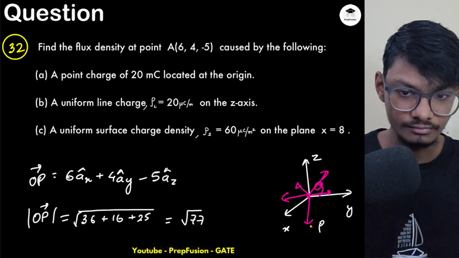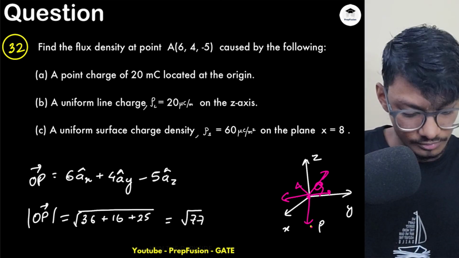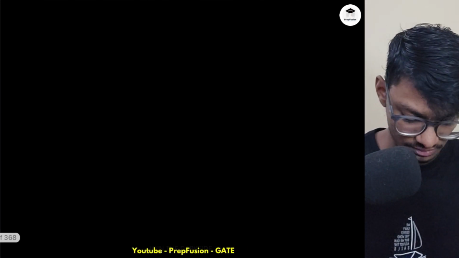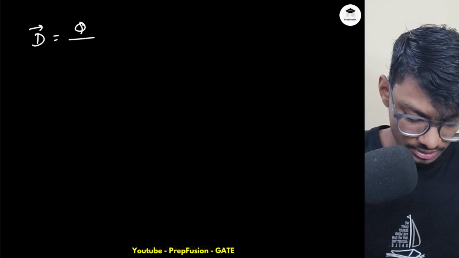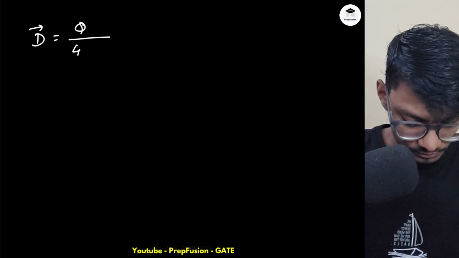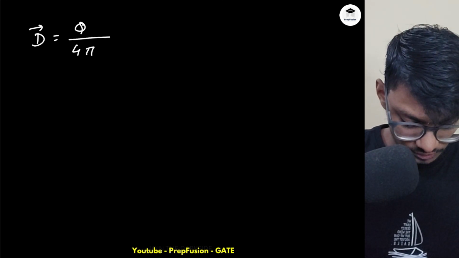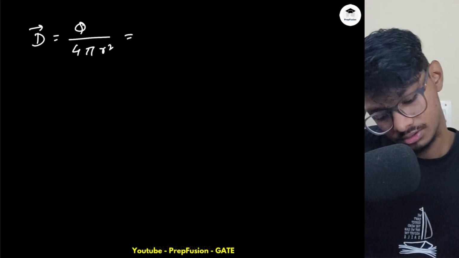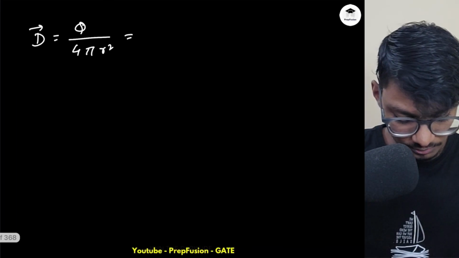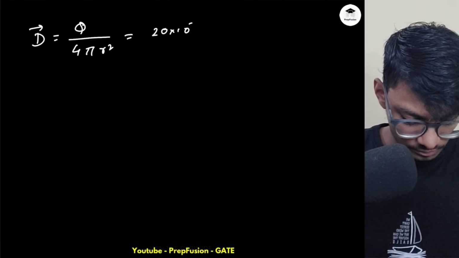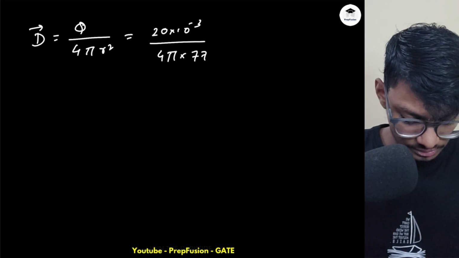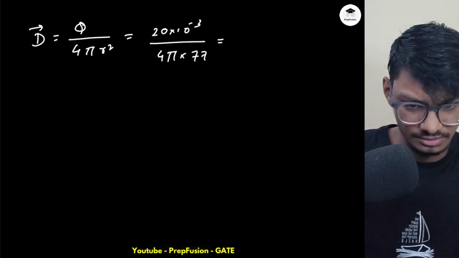Now I will simply use this formula. What is the electric flux density due to a point charge formula? Simple, epsilon will not be there, it will be Q upon 4 pi r square. So Q is how much? Q is 20 millicoulomb, 10 to the minus 3, divided by 4 pi into r square, which will be 77. So it will be in some millicoulombs.